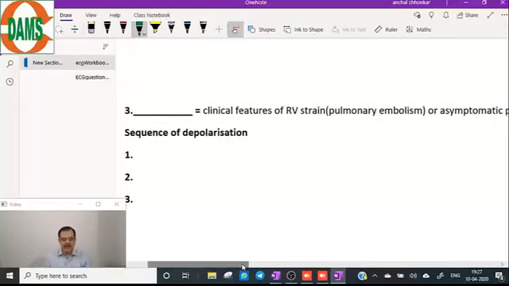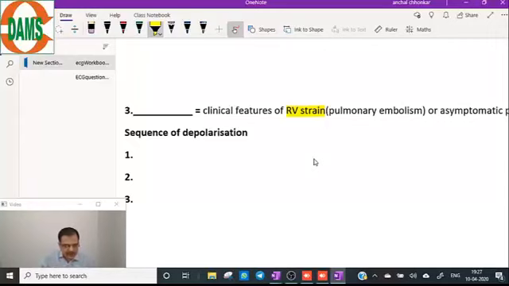Number third abnormality is, again we will read the question clinical history first, and the clinical history is given as a right ventricle strain. Isolated S wave depth is not a criteria.